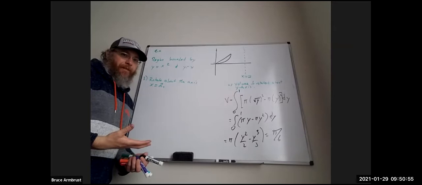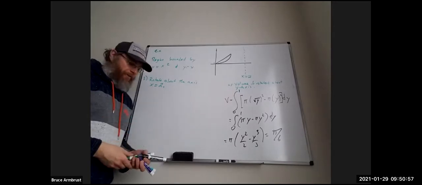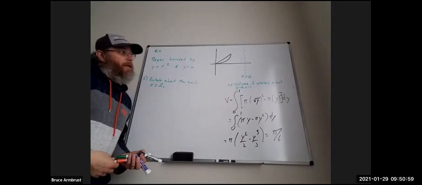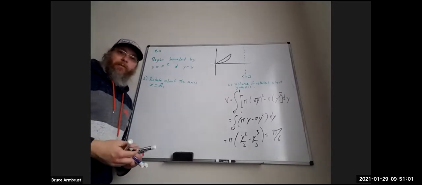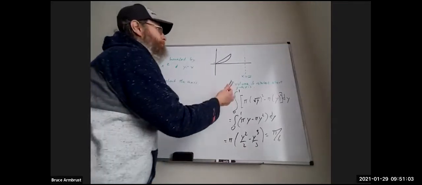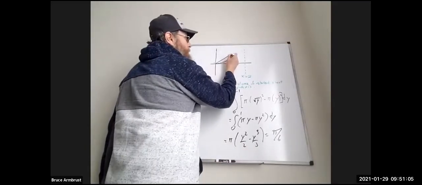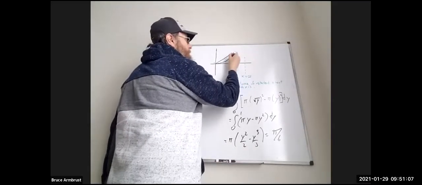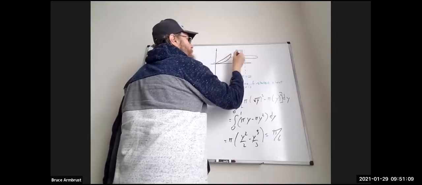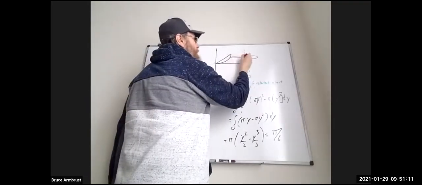All right. So we're really doing the same thing. We're just doing it about a different axis. So here's what I suggest. Let's draw some representative cross sections. Think about this piece right here. As I rotate it about x equals 2, I'm going to get a circle.